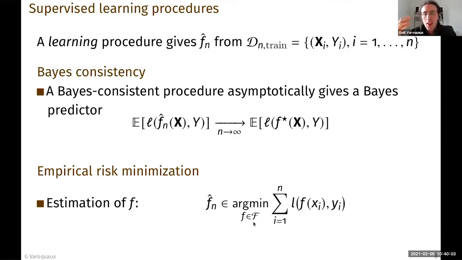And the function class, the procedure that I use to minimize this risk, all this is basically the science and the art of supervised learning, which I'm sure you know. So this is our setting for supervised learning. And once again, I'm stressing that I'm really interested in controlling the expected loss and not really anything else.